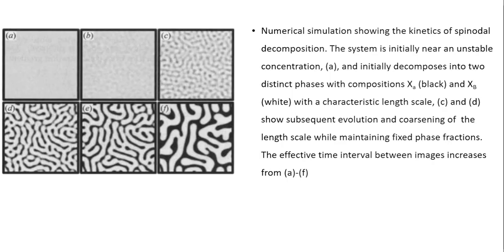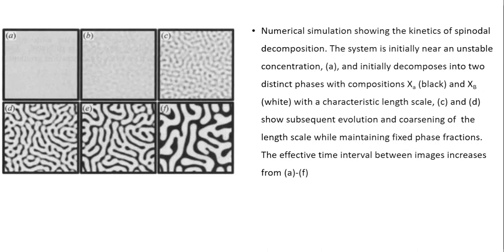This is typically a numerical simulation showing the kinetics of spinodal decomposition. The system is initially near an unstable concentration, and initially decomposes into two distinct phases with compositions XA shown as black and XB shown as white, with a characteristic length scale.